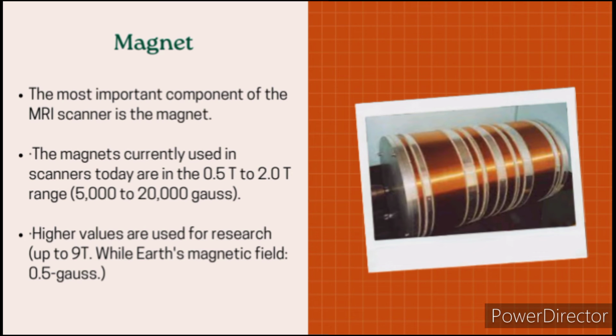The magnets currently used in scanners today are in the 0.5 to 2.0 Tesla range, or 5,000 to 20,000 Gauss. Higher values are used for research, up to 9 Tesla, while Earth's magnetic field is 0.5 Gauss.